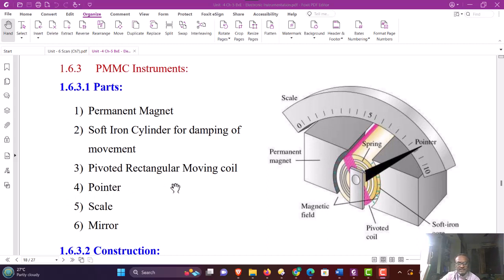Pivot is normally a mechanical bearing type of terminal which is freely moving. Pointer, scale and mirror are the additional three parts which can show the reading.